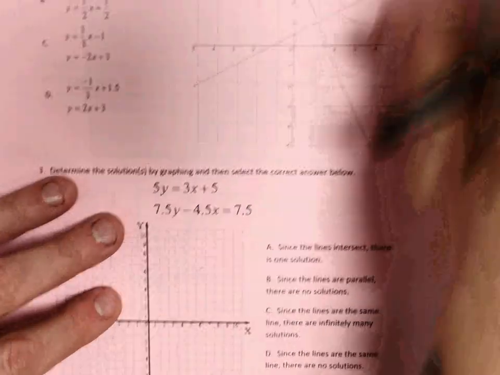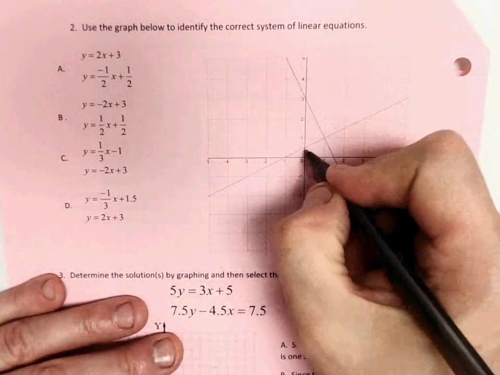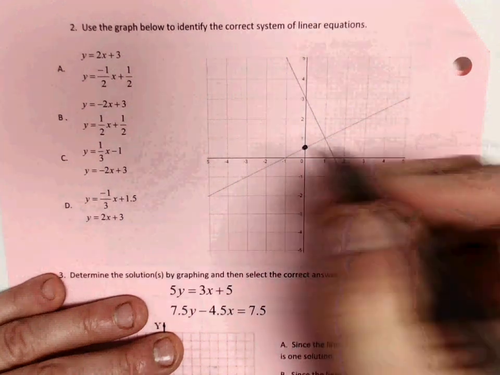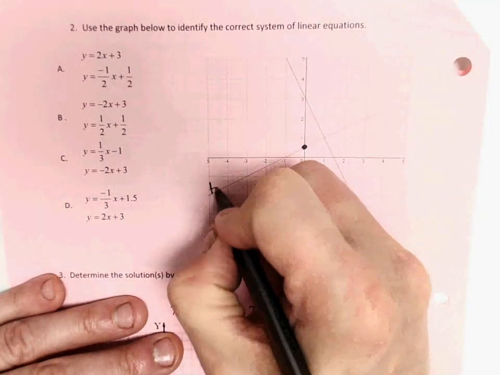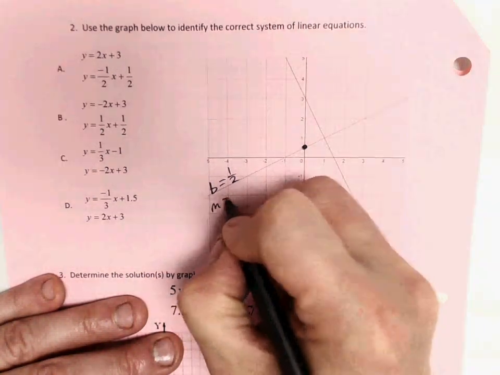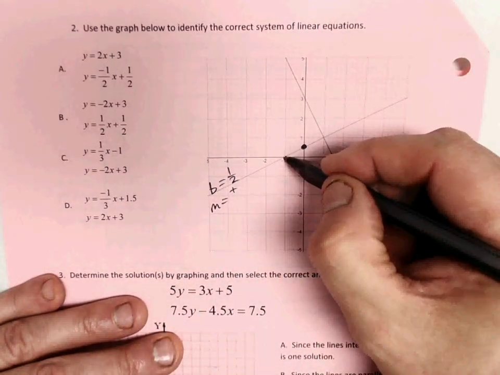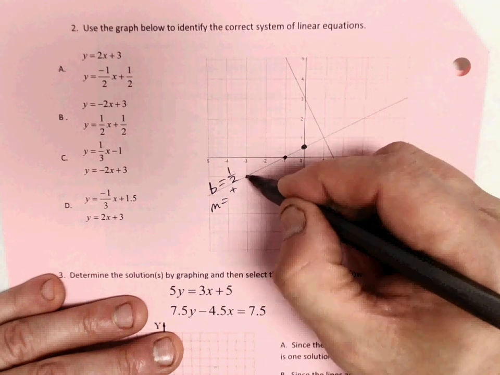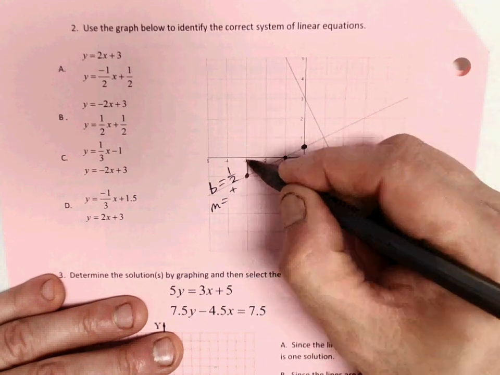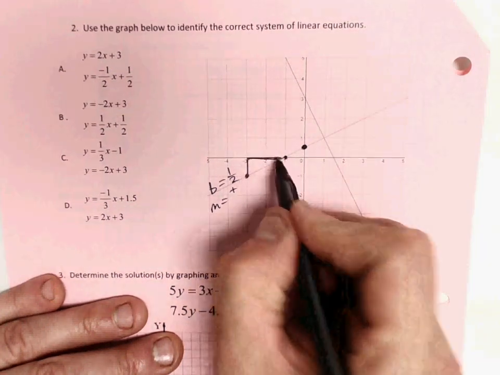Problem number 2. A variety of ways we can do problem number 2. We take a look at this right here. I've got a y-intercept of 1/2. I have a positive slope, and if I go from one point to another, I've got to go up 1 unit and right 2.